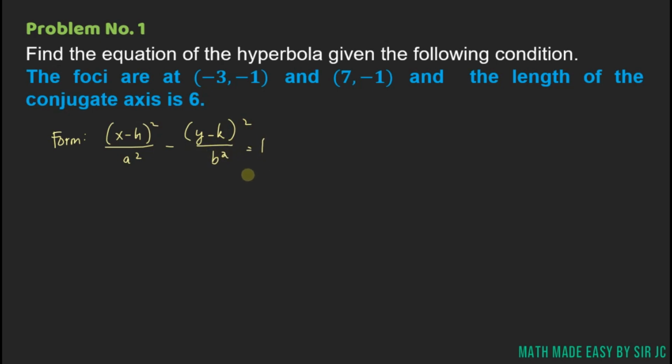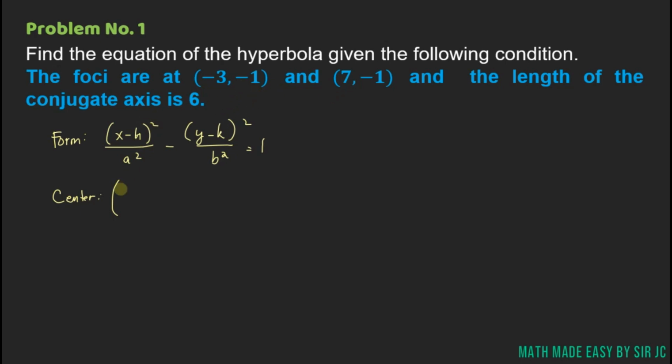So first, let us find the center. Okay, so how are we going to find the center? We have the foci here, (-3, -1) and (7, -1), and we know that the midpoint of the foci is the center. So we can find the center by getting the midpoint of the two foci. Using the midpoint formula, we take the average of the x coordinates and the average of the y coordinates.